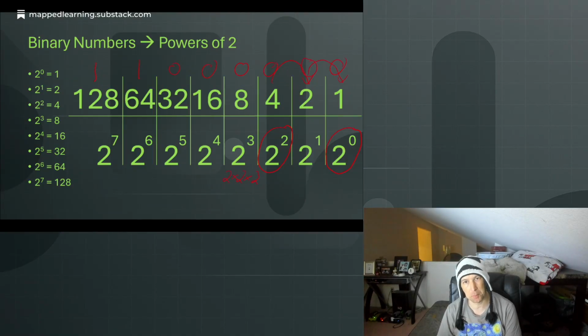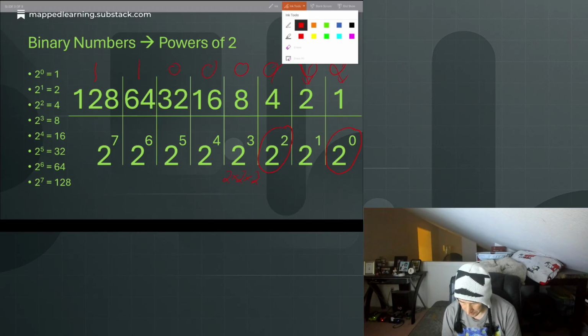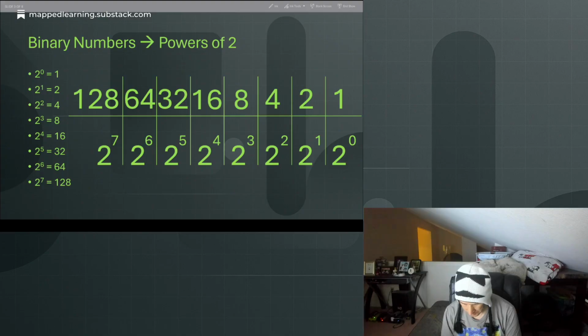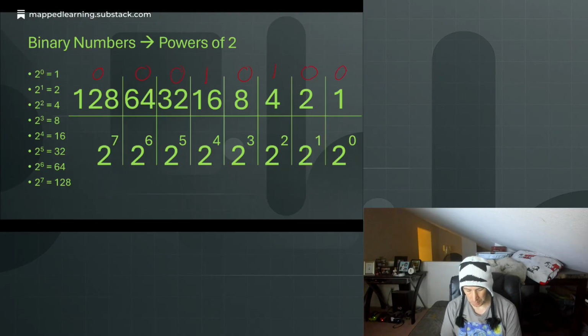But that's just one example. We could have a totally different number. If we instead took 16 and 4 and filled in the rest with zeros, that would be 20, because you're turning the 16-bit on and the 4-bit on.